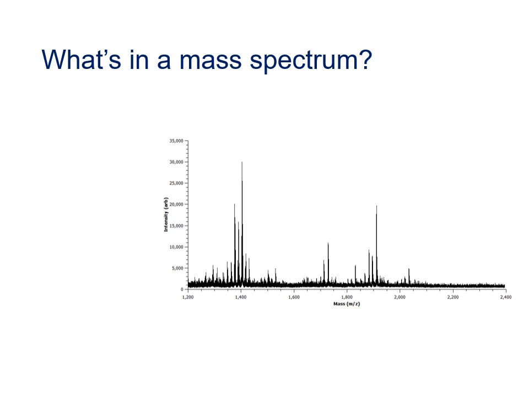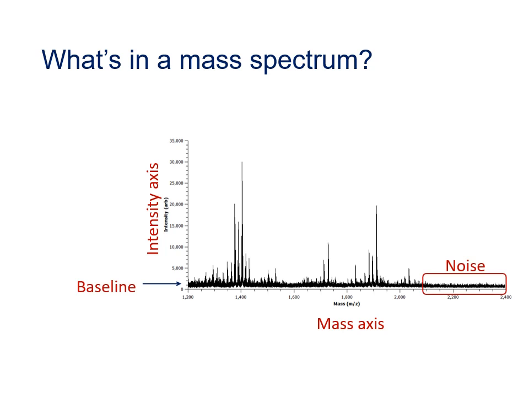So now we can go back to this slide and add some extra detail onto our mass spectrum. So far we've covered the concepts of the axes, the noise, and the concept of the baseline. And now it's finally time to start looking at some aspects of the peaks themselves.